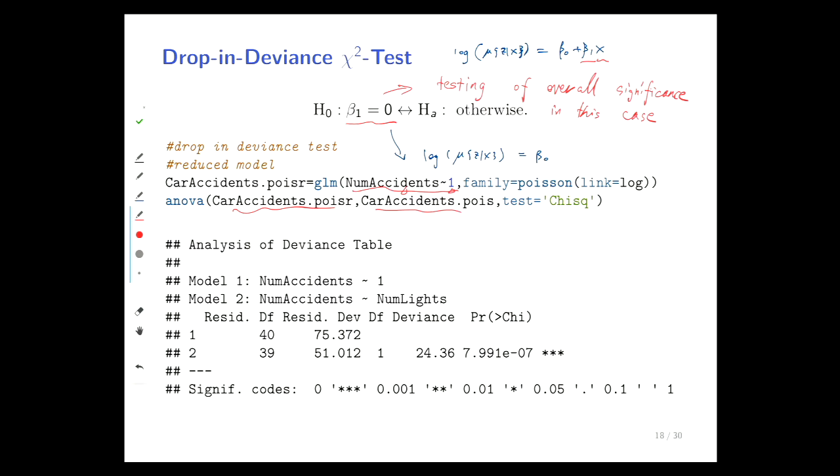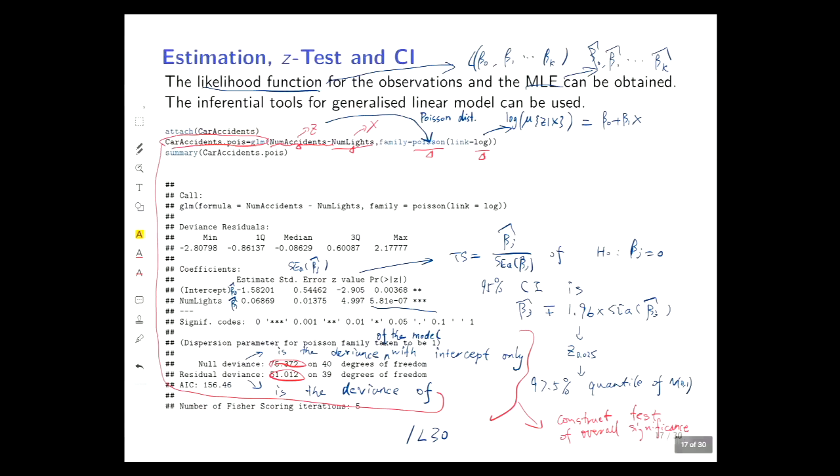Firstly, we have the deviance of the reduced model, by regressing the number of car accidents on the intercept. And also we have the deviance of the full model, which is the model we fit here.